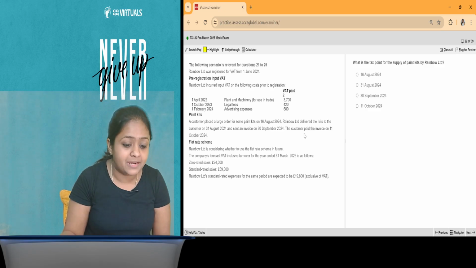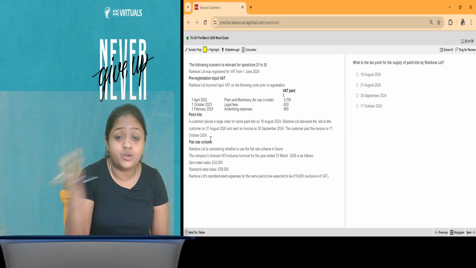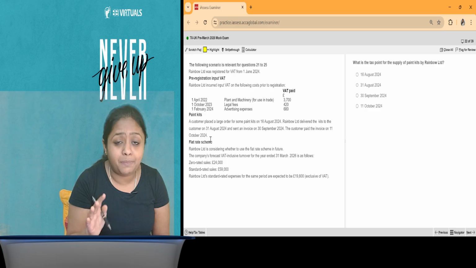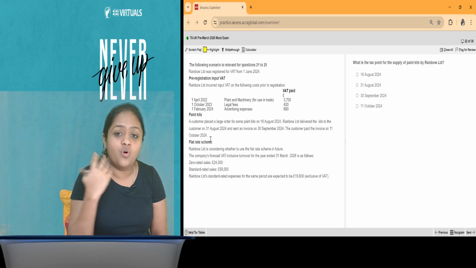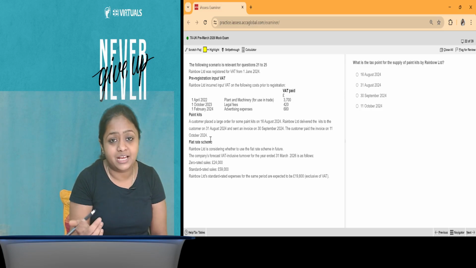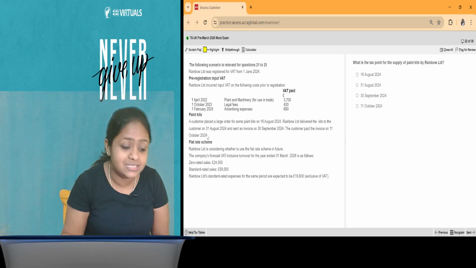The customer paid the invoice on 11th October. Now, October is again after BTP. I will take the payment date only if it is done before BTP. It is not done. So my relevant tax point will be the BTP only, which is 31st August. So my answer is BTP. Let's go to the next one.